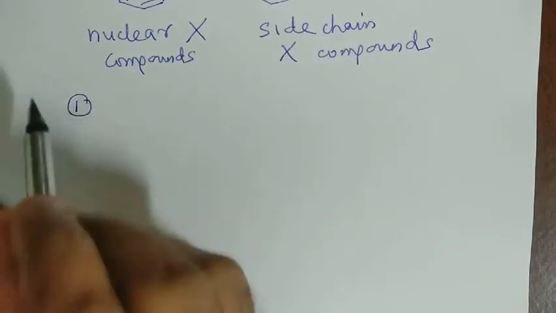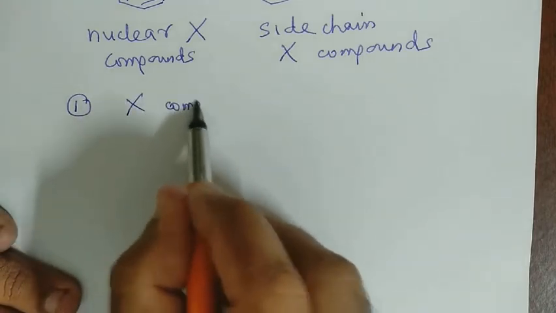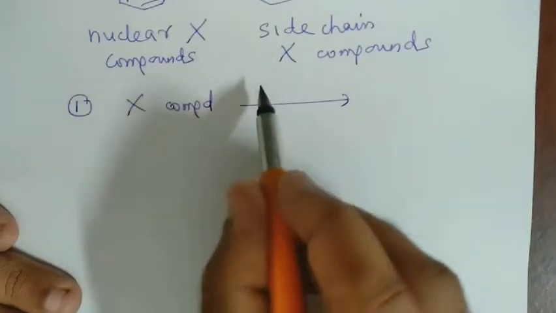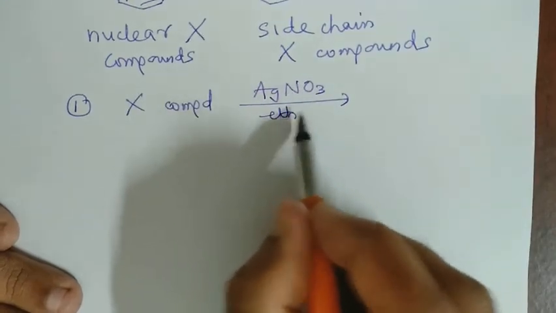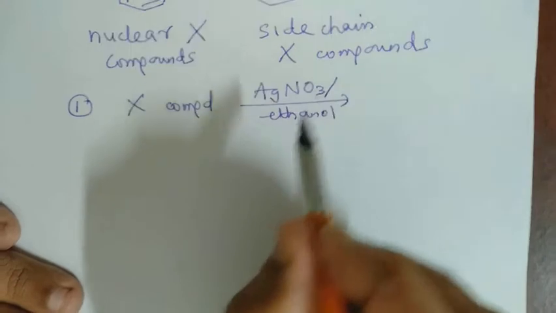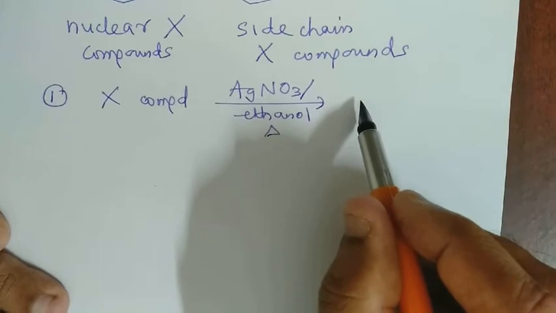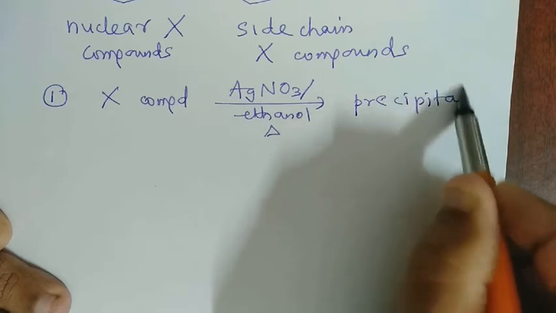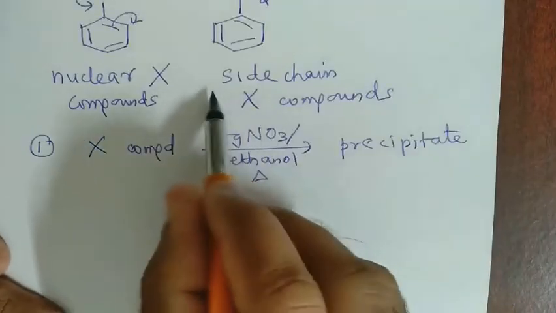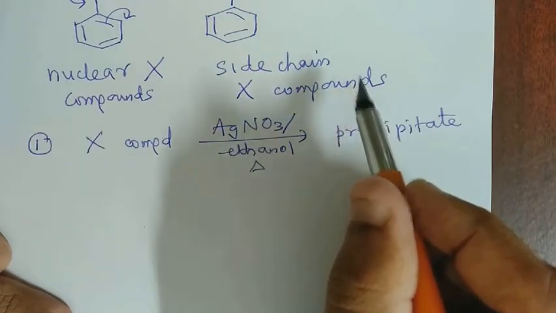The first one: the given halogen compound is heated with a solution of silver nitrate in ethanol. If a precipitate is obtained, it indicates that the given compound is a side chain halogen compound, that is, the halogen atom is bonded to the side chain.